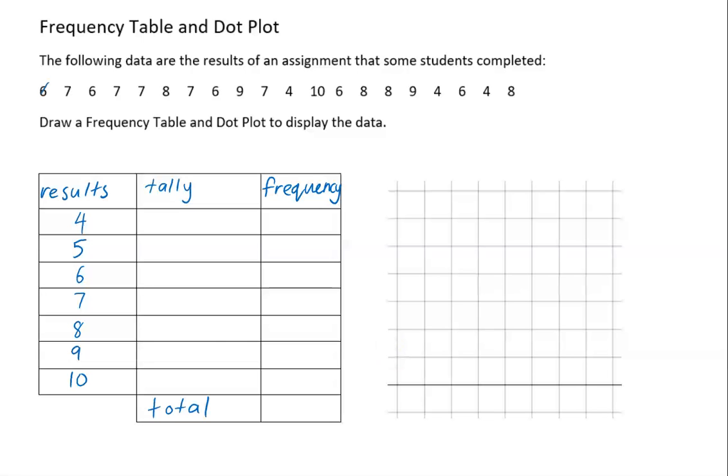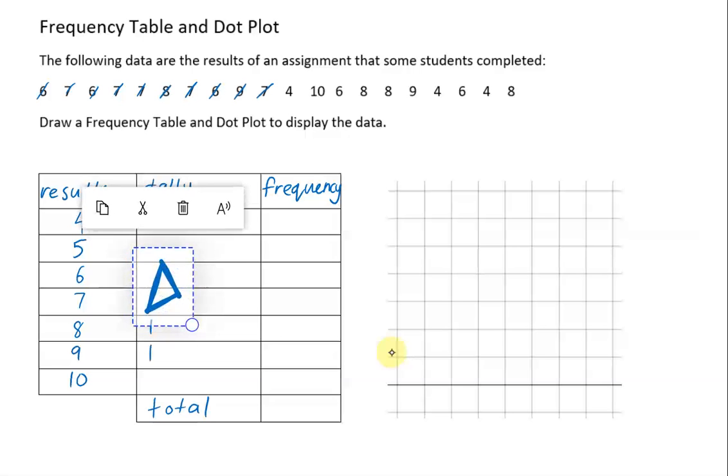The first value is a 6, so we can cross it out and put a tally mark in the 6. Next one's a 7, so we can cross it out and tally in the 7. And we can continue to tally up our data by crossing out the values so we don't miss any, and including them on our frequency table. That's our fifth 7, so we put a sideways dash. Oh, we've got a triangle there, that's a bit odd.